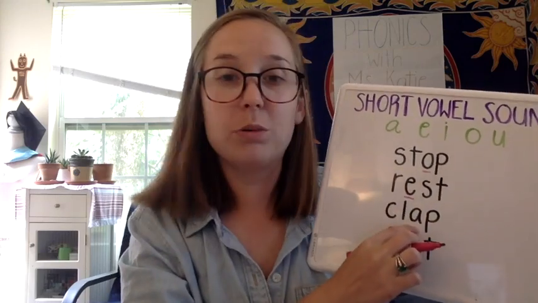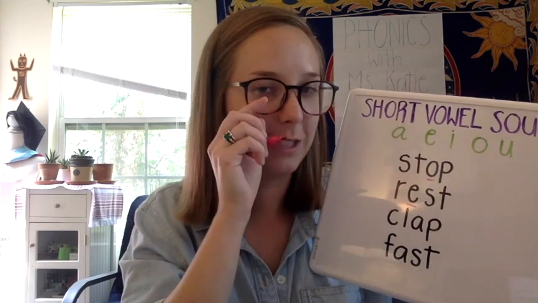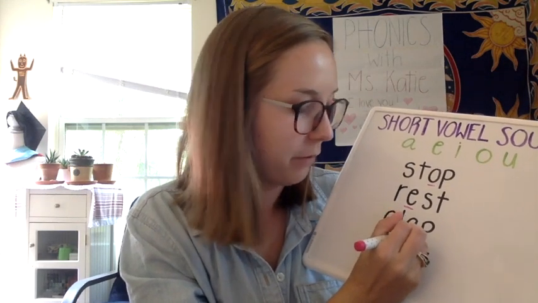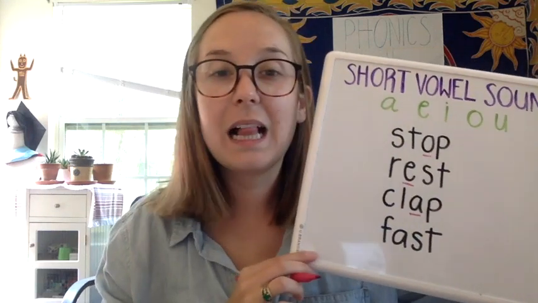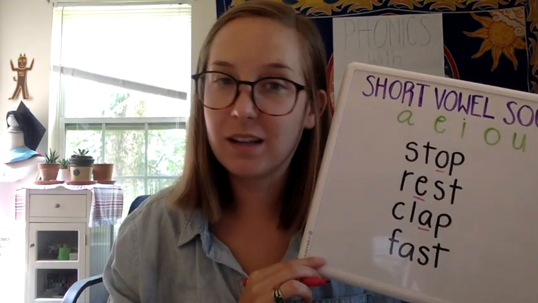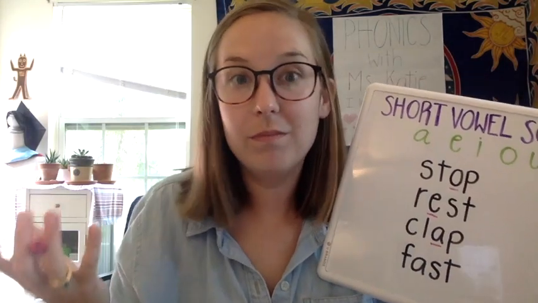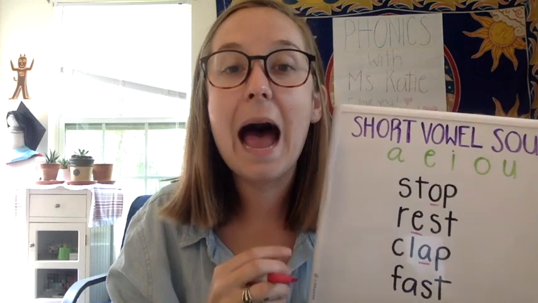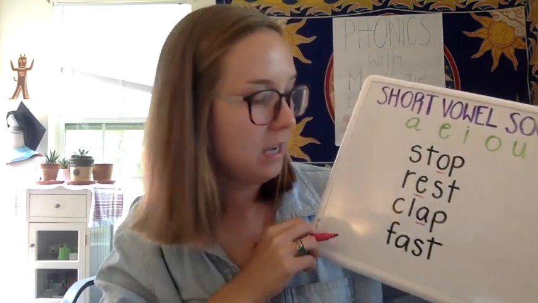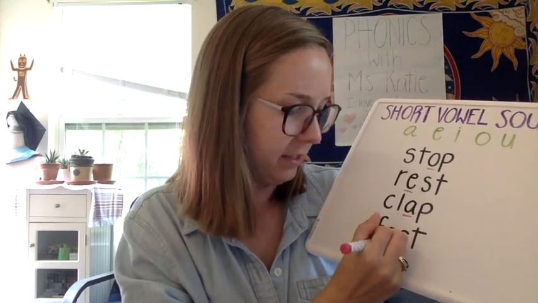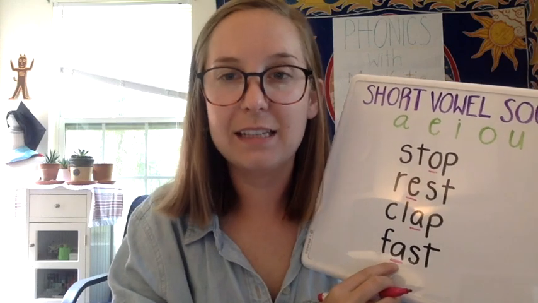So let's go down to clap. And if you guys were here, you would tell me that A is my vowel. You guys are so smart, right? So it's clap. And again, that's not a long A. We're not hearing the A say its name in the middle of the word. It's clap. And then same thing down here, we have fast.